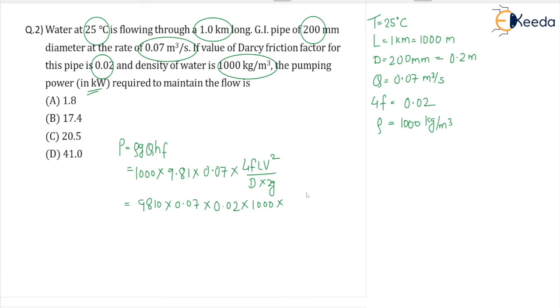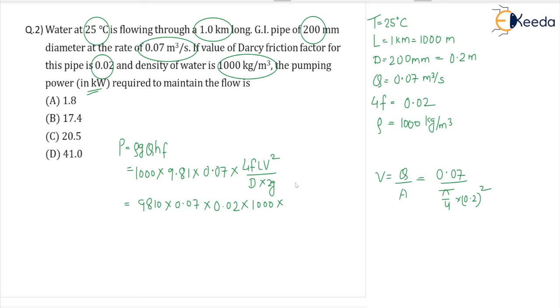Velocity is not given, but we know that velocity equals discharge by area, and discharge is 0.07 by area, pi/4 into d square. What is the diameter? 0.2 square. This is area, but we have to find v square.